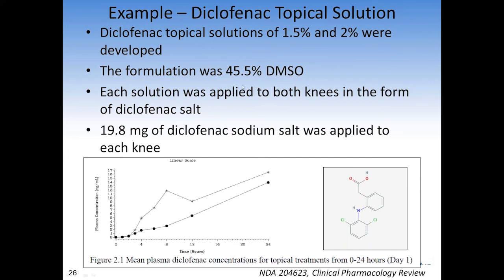The solution was applied to both knees in the form of diclofenac salt. And we know that 19.8 milligrams of diclofenac salt was applied to each knee, I think in the case of the 1.5% solution. After this, we had the mean plasma diclofenac concentrations for 24 hours after administration.